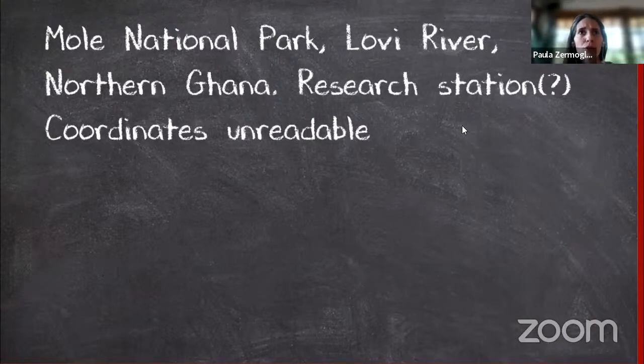We would also be able to fill in the higher geography field, where we would concatenate Africa, which is the continent. We can also fill in the continent Africa, Ghana, Northern Ghana, Lobe River, Malden National Park. We can concatenate all that in higher geography.